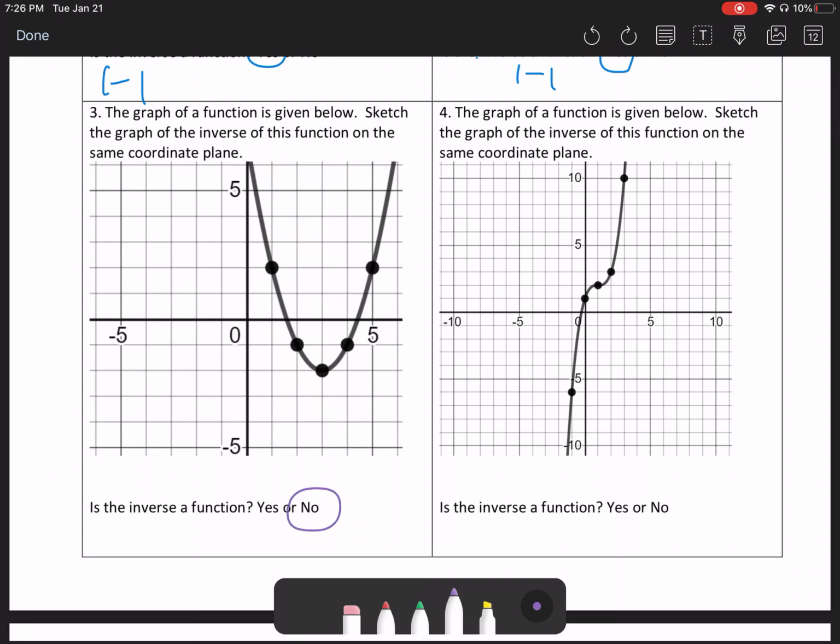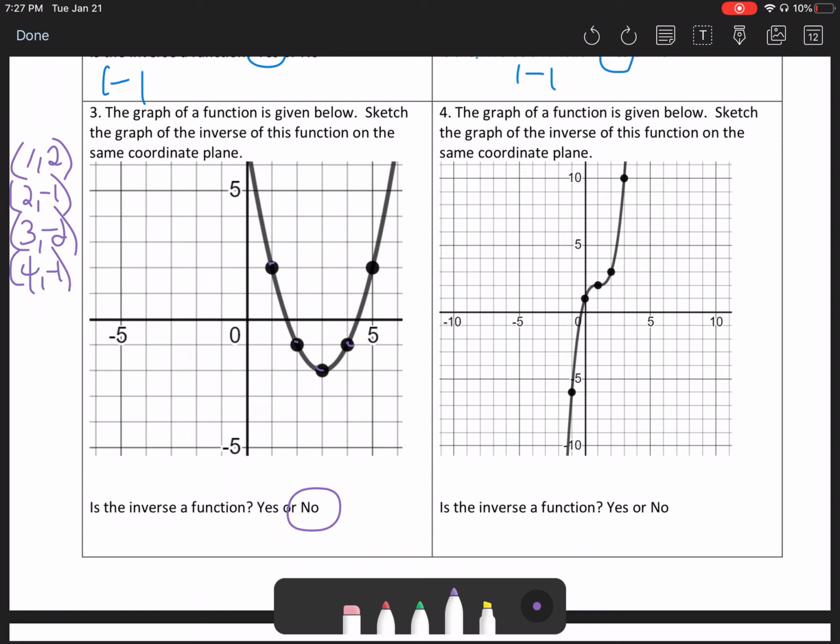Okay. Working through here, I'm going to write down my points, especially for this one. Make sure that you write your points in order. So that's going to be 1, 2, and then we have 2, -1. We have 3, -2. We have 4, -1.